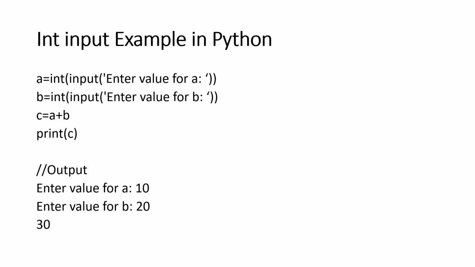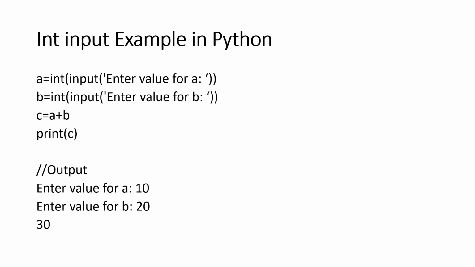And now we have another example to add the values, and here you can see we have some little changes. In this program, as you can see, in a and b we are writing the data type as int to enter integer value.